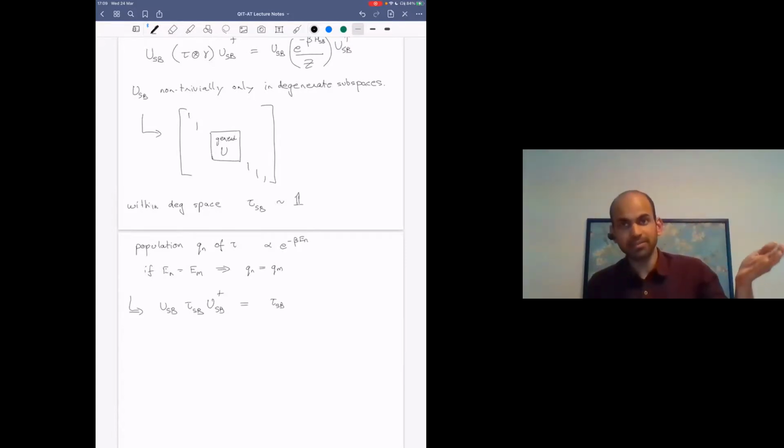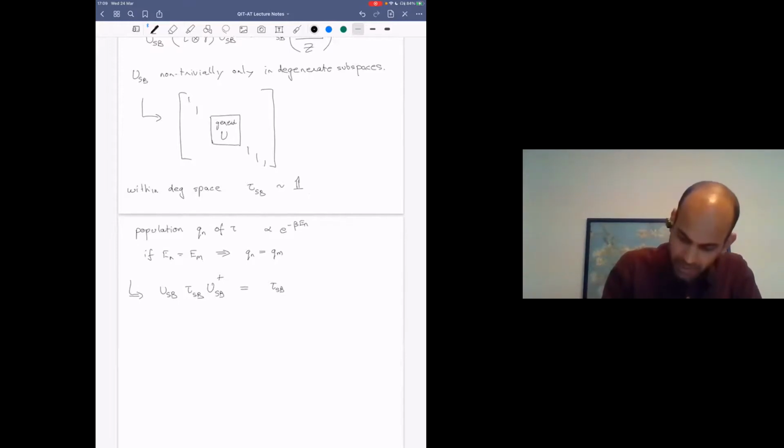And so if you take in as an input a thermal state of the system, you can add whatever thermal state you like of the bath, and you do any energy preserving operation, you're going to get the same thermal state of the input back out again. Okay. And so our free states are thermal states.